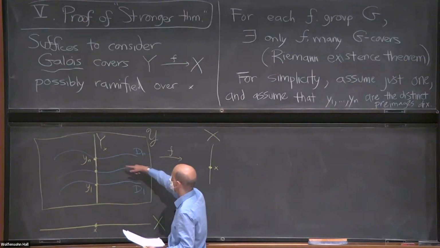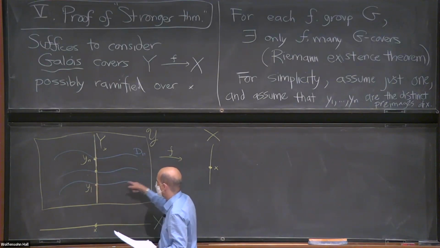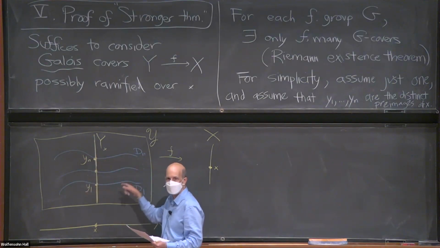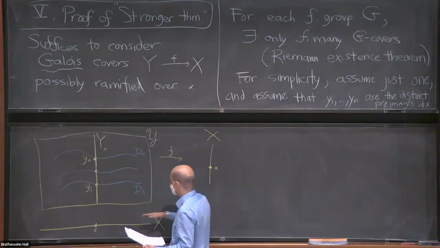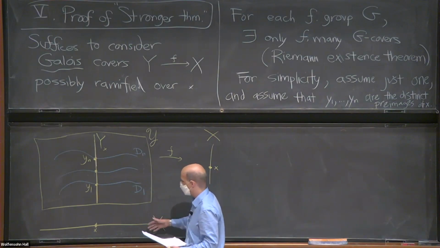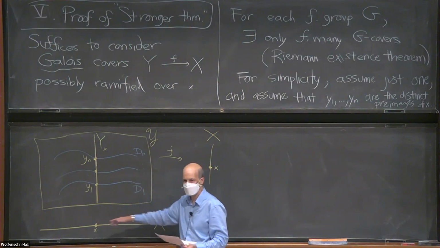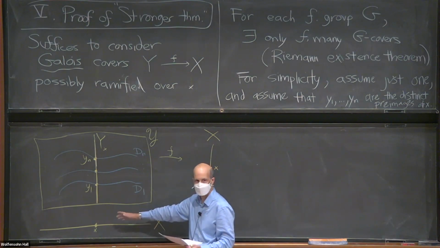In general there might be some monodromy. They might hook up and make one curve, but by passing to an additional finite cover, instead of working over x, I could pass to the finite etale cover of x to get a different moduli space, some sort of Hurwitz scheme.